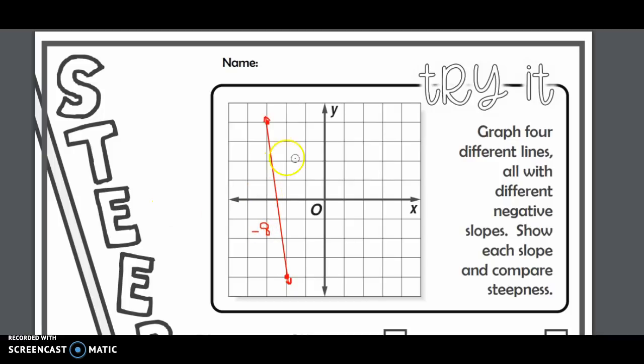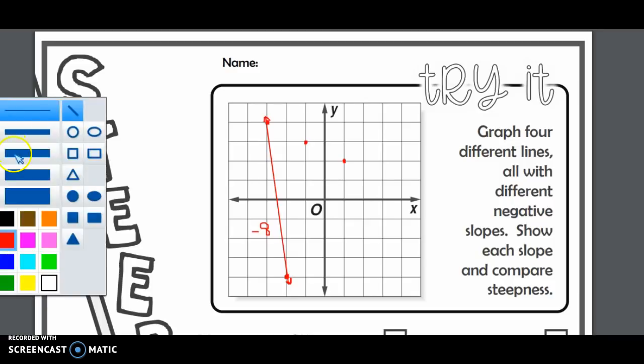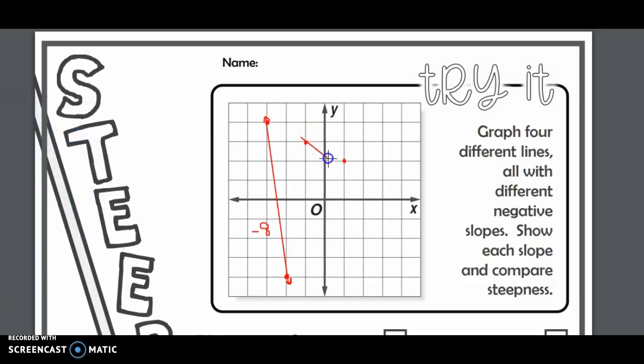Let's try another one. Let's try this point here, and we'll go to this point right here. I'm going to get my line ready. If you can connect yours and make it nice and straight, that would be very good. Okay, I'm going to start here and go through both of the points. It's not perfect by any means, but it's not bad.